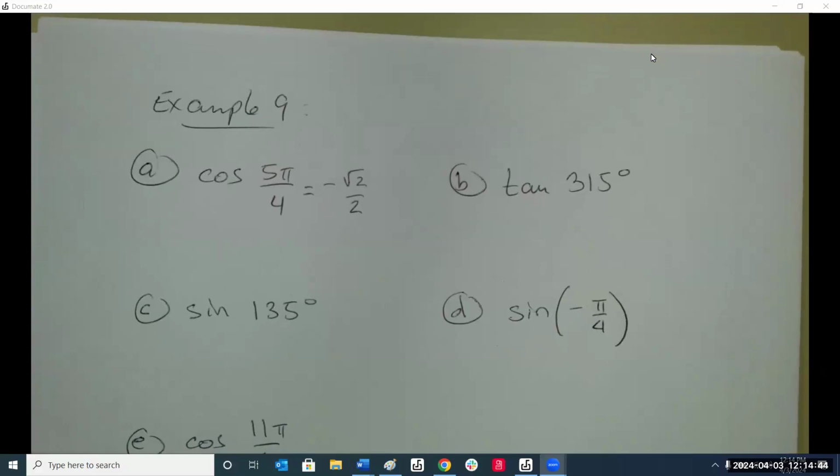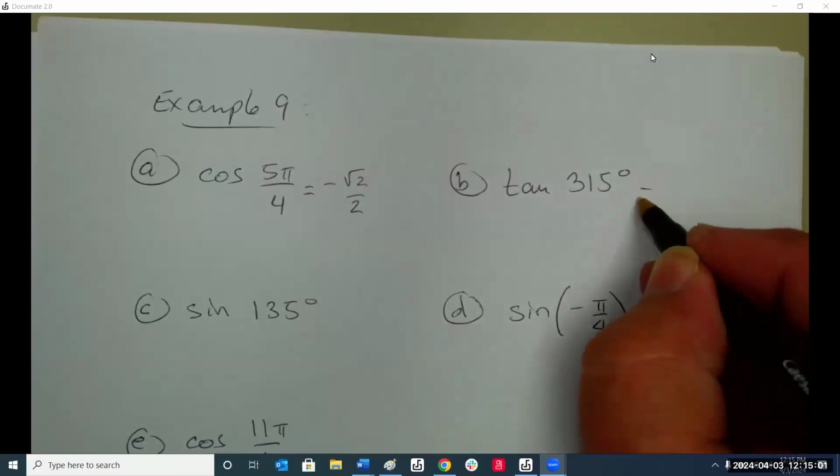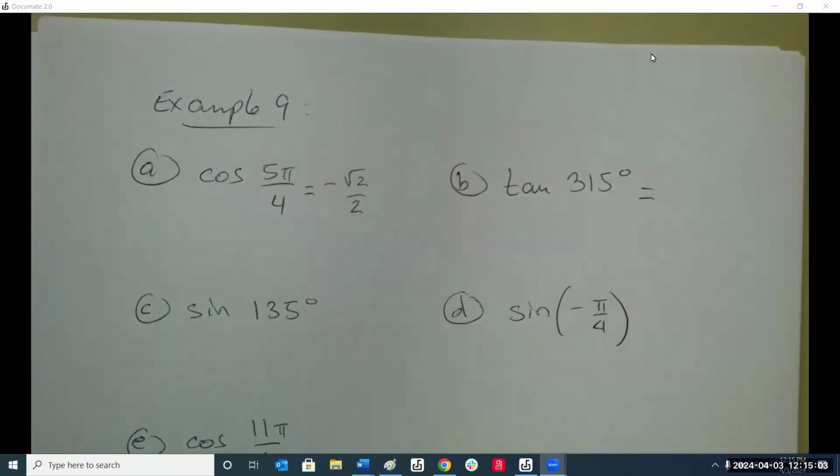Tangent of 315. 315 is going to be in which quadrant? Quadrant 4. So is the answer going to be positive or negative? Why?